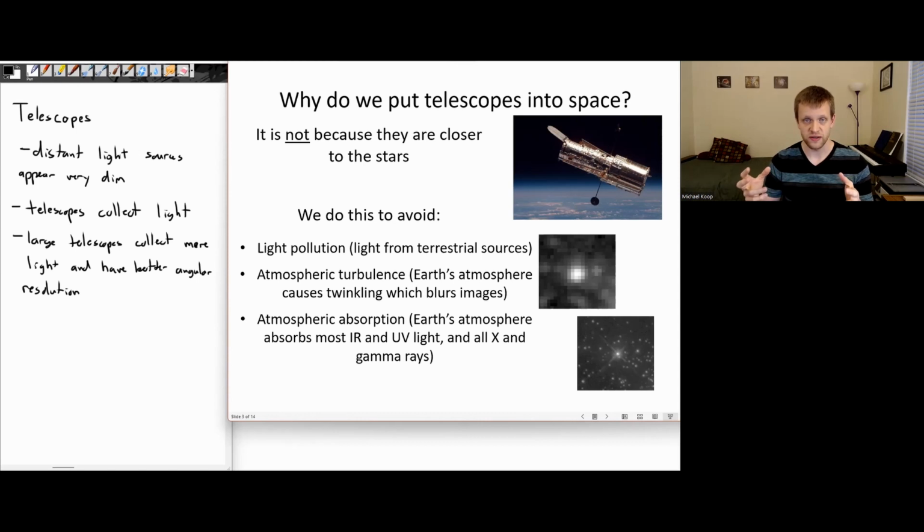So if I want to study the universe in X-rays, gamma rays, infrared or UV light, we basically have to put these telescopes into space so Earth's atmosphere doesn't just block out all those signals. Basically, from the Earth's surface, you can really only do astronomy by looking at visible light or radio waves, because radio waves can very easily move through Earth's atmosphere.